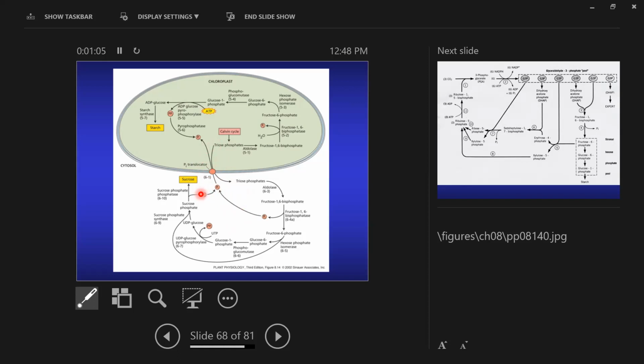So it's a one-to-one exchange, and that's one of the ways they control whether or not they're going to get sucrose. So it's an either or. Either the plant will use that G3P to make starch, keeping it in the chloroplast, or it might send out some of it to make sucrose. But it's tightly controlled at many levels, including that transmembrane protein. So you've got G3P coming out, inorganic phosphate coming in.